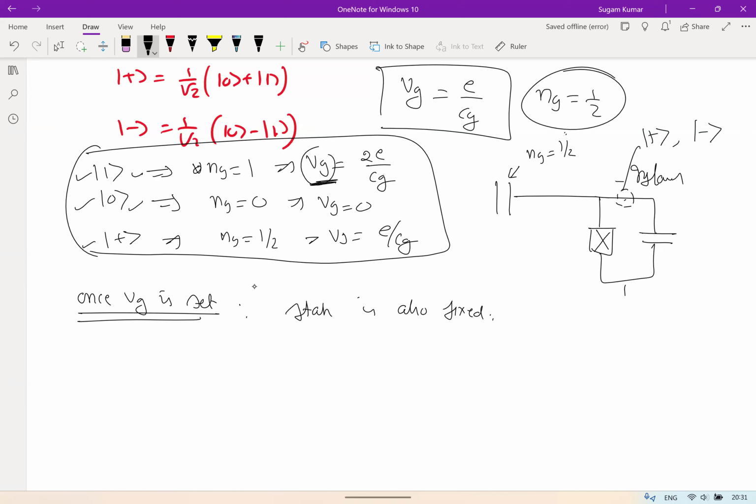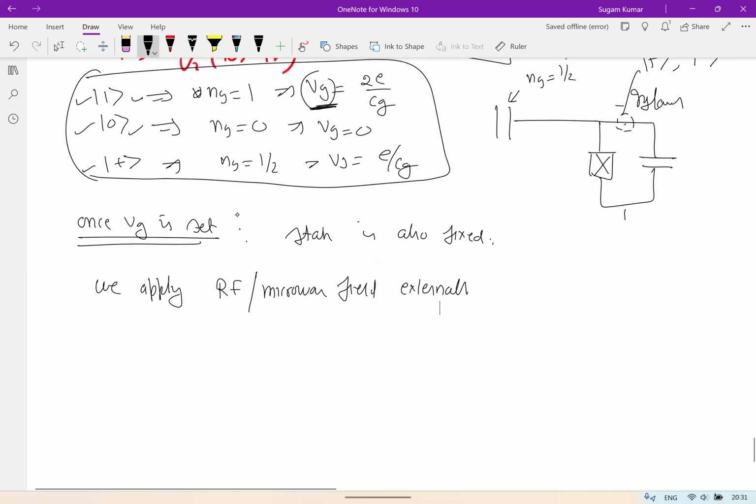Then how to change the state? Now to change the state, we apply an RF field, or microwave actually, externally. This is the last point, no need to do any mathematics, although mathematics is there.